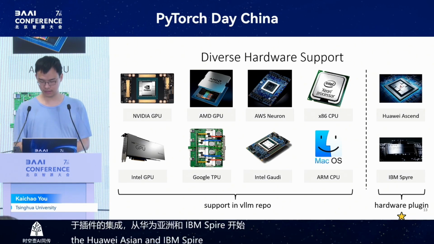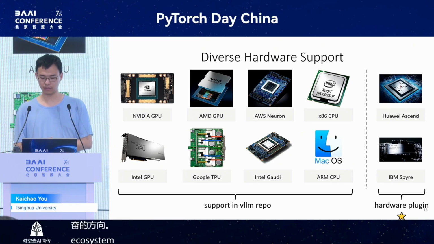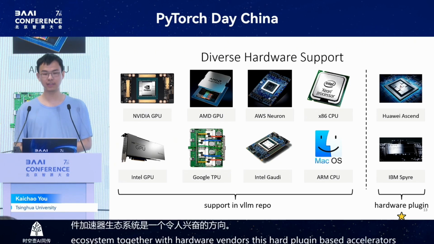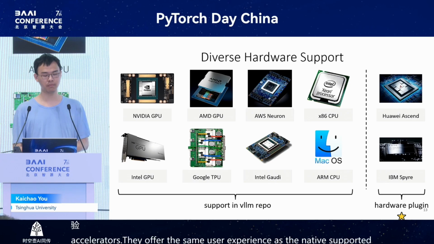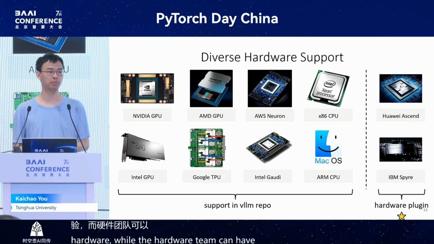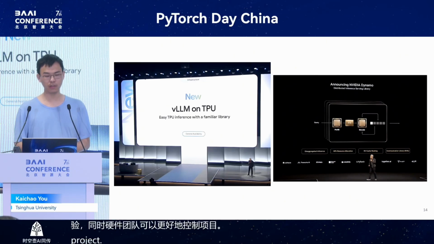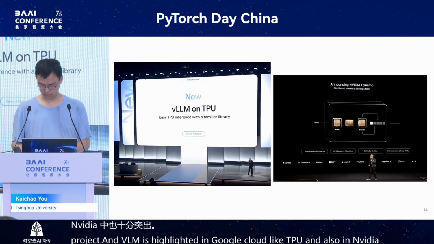I think this is an exciting direction to build the ecosystem together with hardware vendors. So these plugin-based accelerators offer the same user experience as the natively supported hardware, while the hardware team can have much better control over the project. And vLLM is highlighted in Google Cloud, like TPU, and also in NVIDIA's GTC launch.